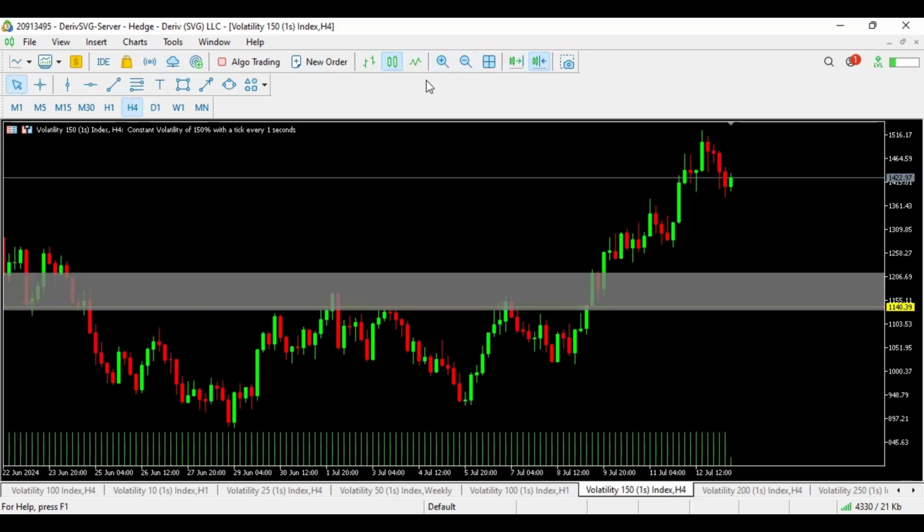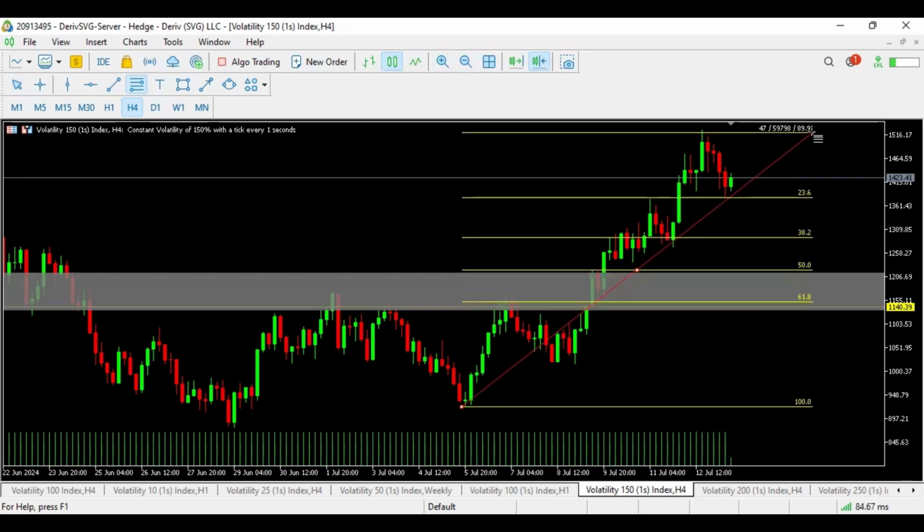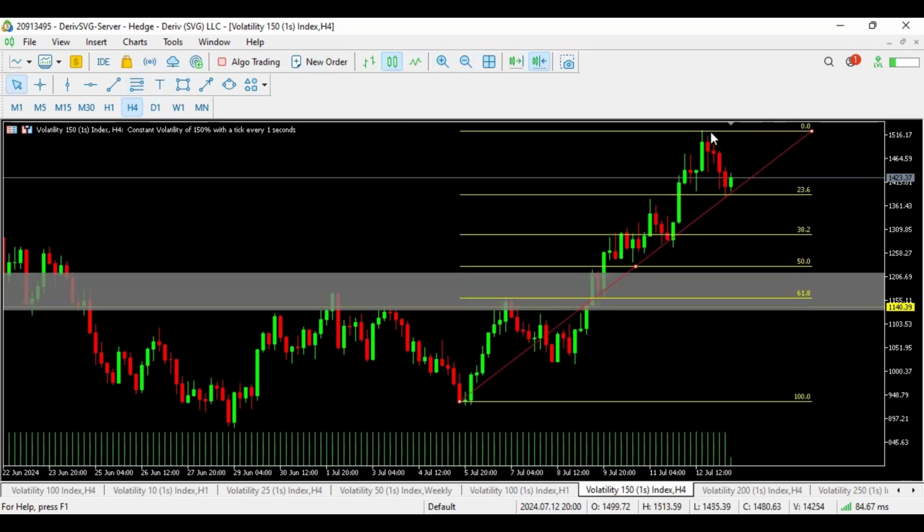So to increase our confidence on how I use my fib in this case, I pull from where the market originated and from where the retracement has started. So probably you're expecting this retracement has started from here.